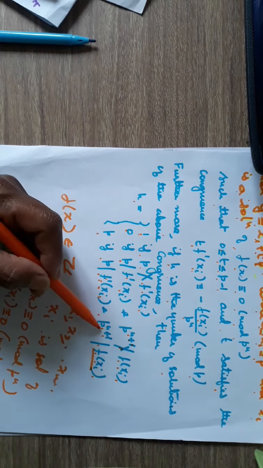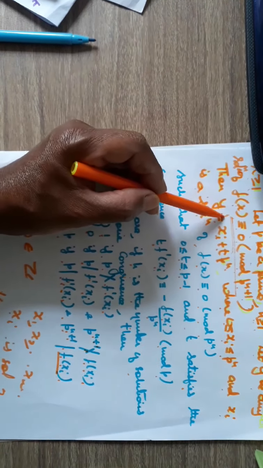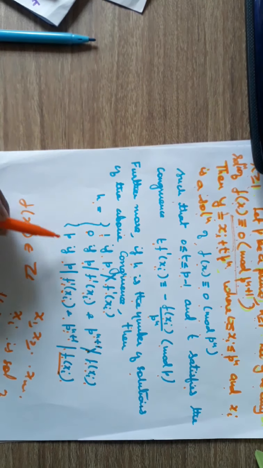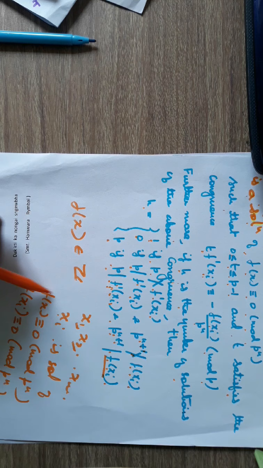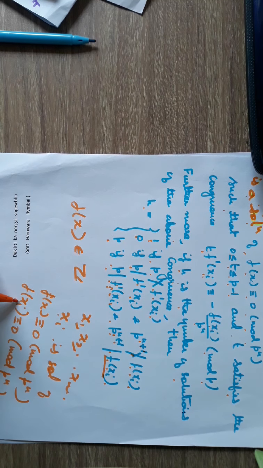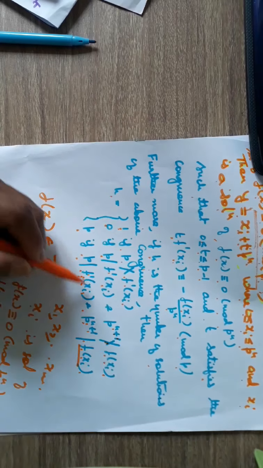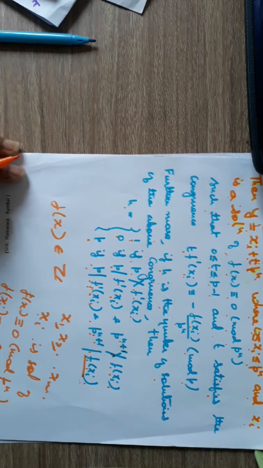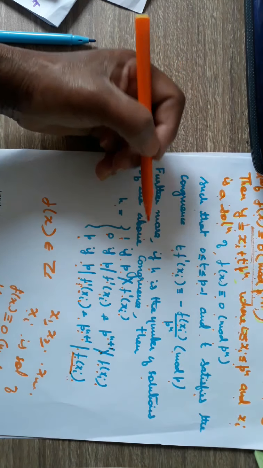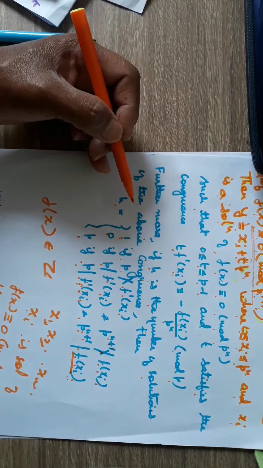Then the number of solutions of this congruence f(x) congruent to 0 mod p to the power n will be equal to p if p divides the first derivative of f(x) at the point xi, and moreover p to the power n plus 1 divides the polynomial f at the point xi. I hope it is clear, because the proof I'll give you in the notes, but I'm not going to explain it.